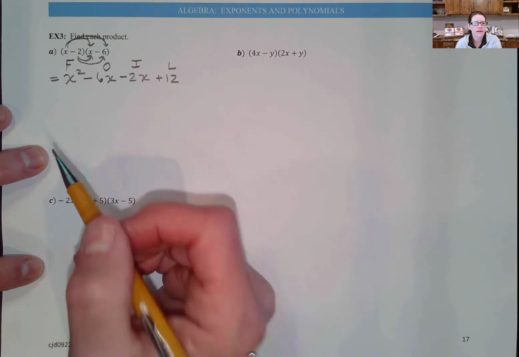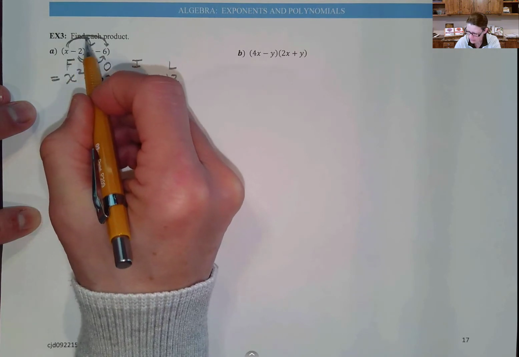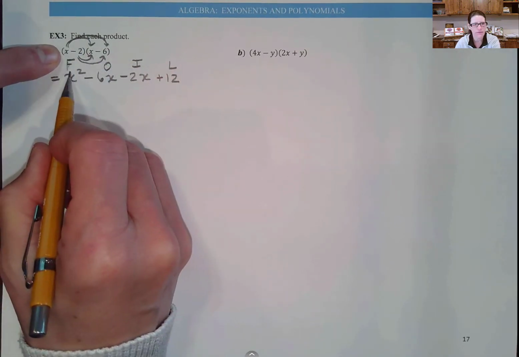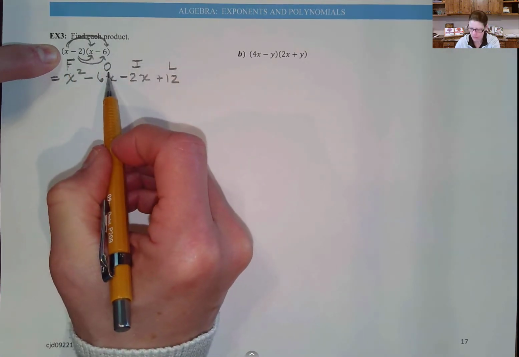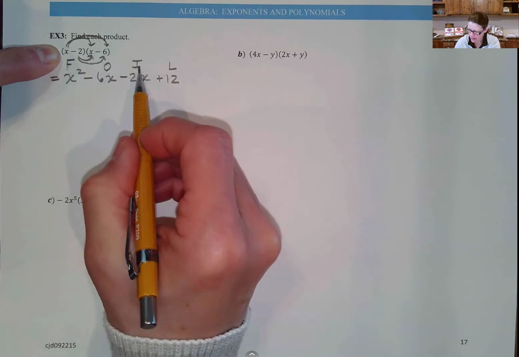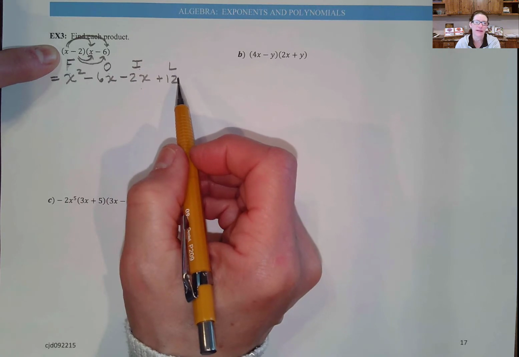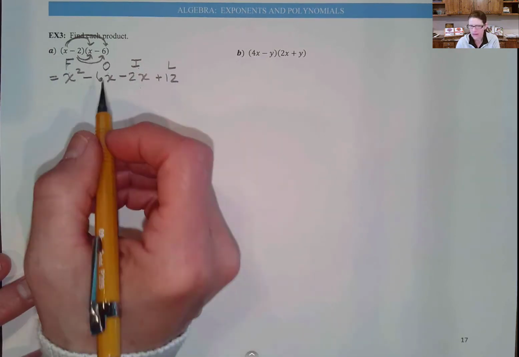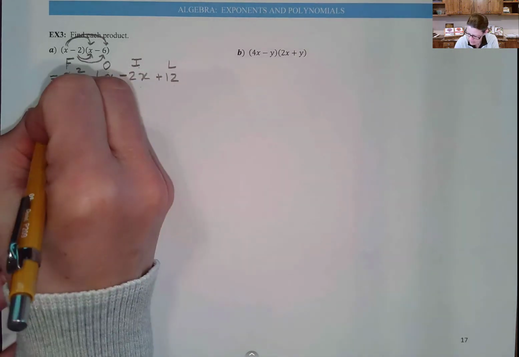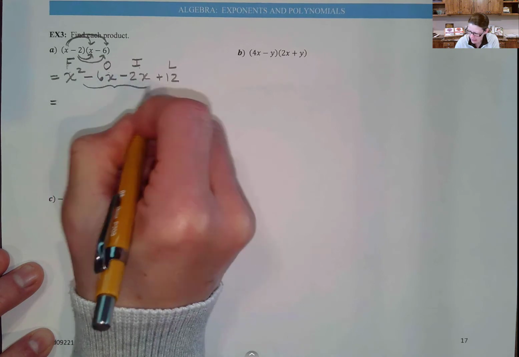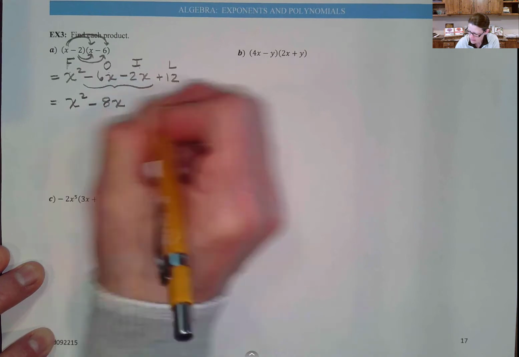And what is meant by that is when we multiply two binomials, we start by multiplying the first terms in each binomial, F for first, then our outer terms, O for outer, then our inner terms, I for inner, and then the last terms of each binomial, represented by the L. So you might hear that we are using a FOIL method to multiply binomials, and that's what we mean by that. Now as the last step, let's combine our like terms here and write this as x squared minus 8x and plus 12.